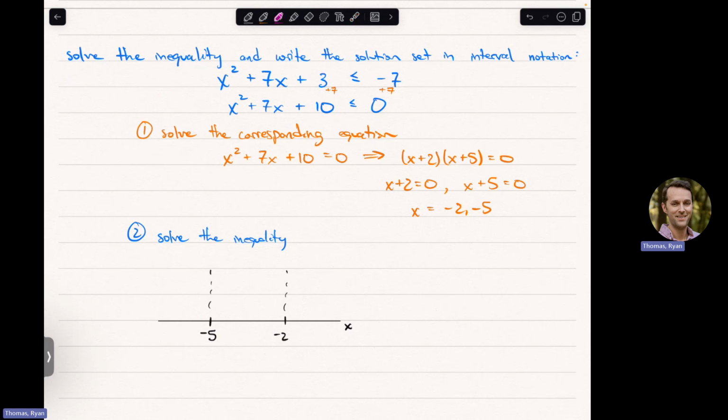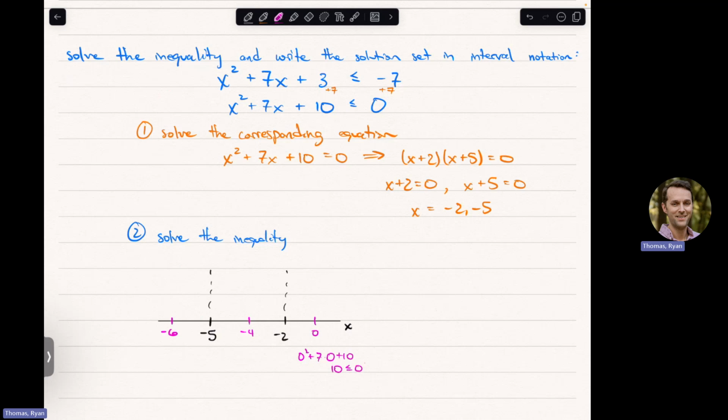Roll with that. If you're not 100% sold on that, then we can also do this same thing by picking some test values to plug in. It's going to take just a little bit more time, but if you feel more confident or like that's more concrete, then that's great. Okay, so I'm going to plug 0 in: 0 squared plus 7 times 0 plus 10, which is 10.